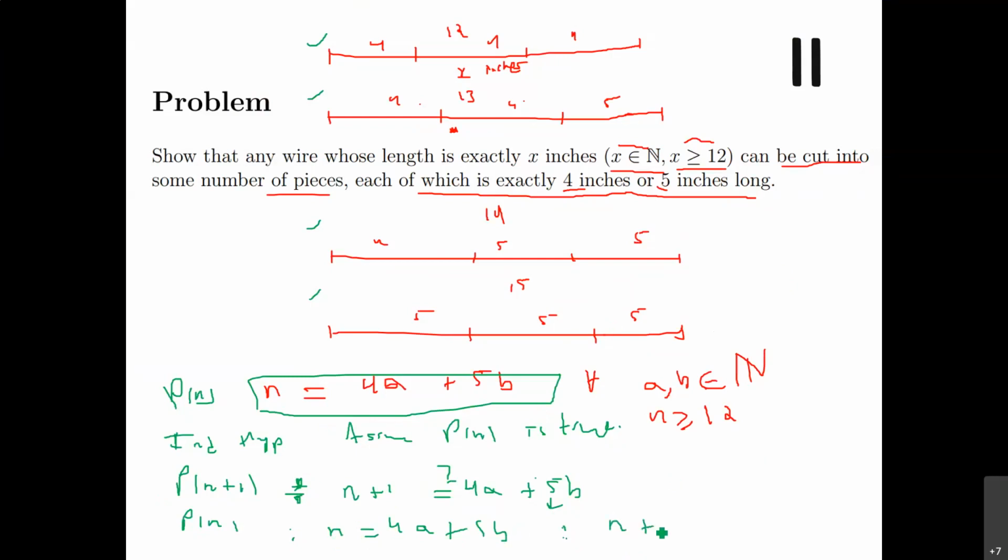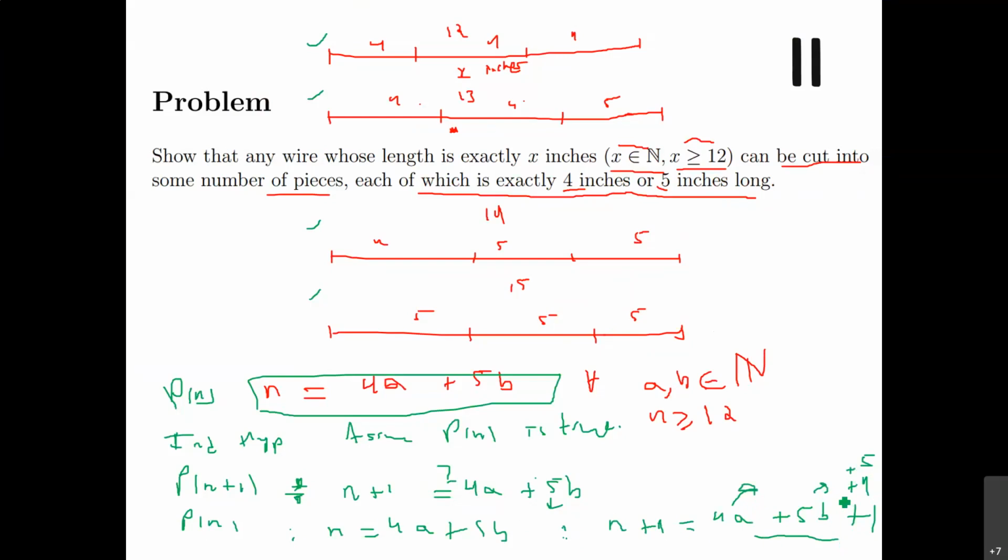So you get that n plus 1 equals 4a plus 5b plus 1. Can you do something here? Hopefully what you want is to have plus 4 or plus 5, something that you can take in common with either the a or the b. That way you're done. You have 4 times something plus 5 times something.